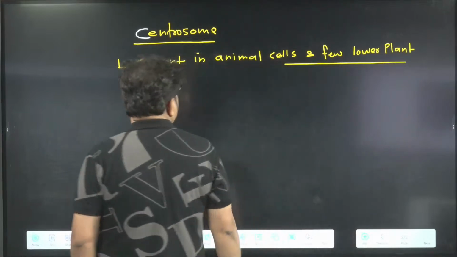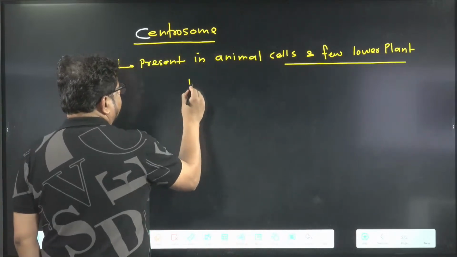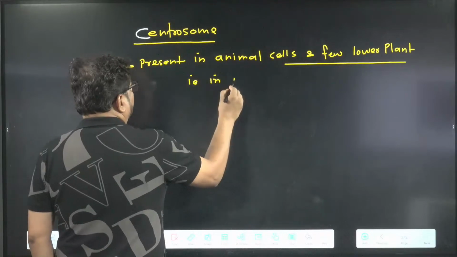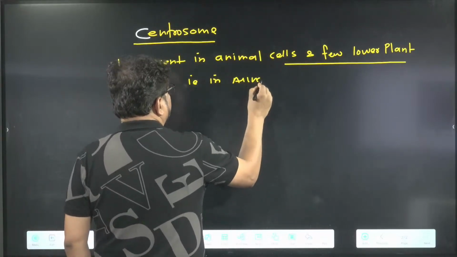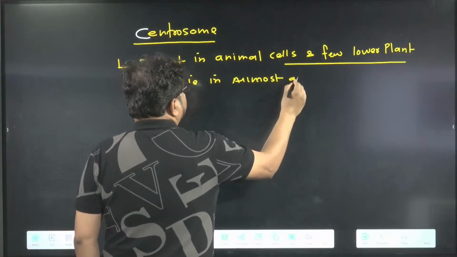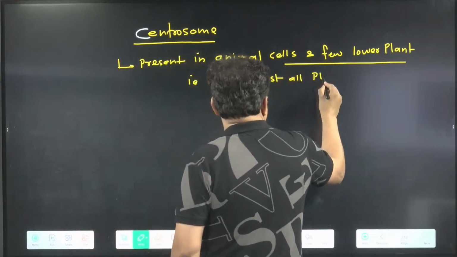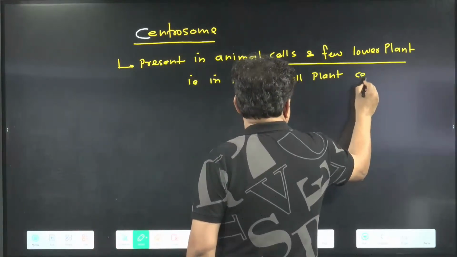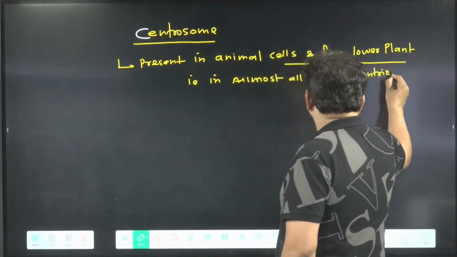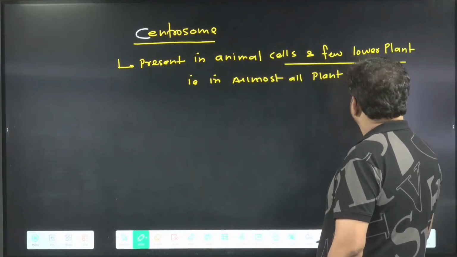Getting the things? Few lower plants. That is, in almost all plants, centriole is absent. Centrosome or centriole is absent.